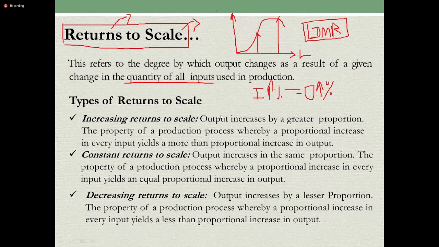So based on these returns to scale, we can identify 3 types: increasing returns to scale, constant returns to scale, and decreasing returns to scale.